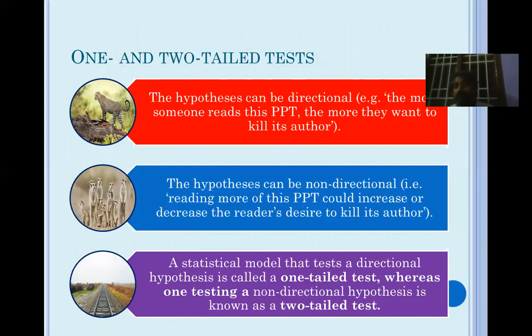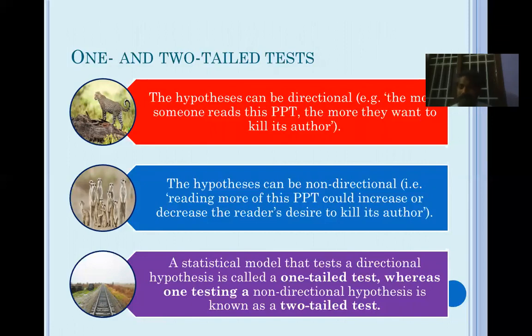But there are many cases where you will not have any idea whether it can be this way or that way. You're not sure. It can be either this side or that side. For example, I want to check to what extent male students and female students differ in their attitude towards Facebook. Okay, so I'm not sure.